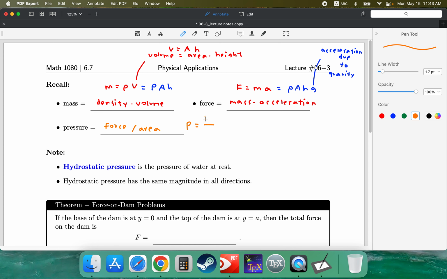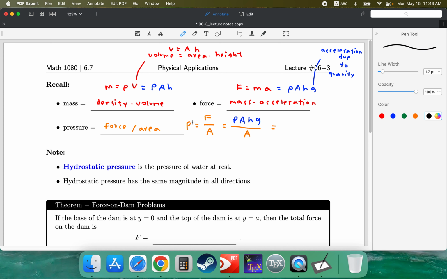Pressure equals force, F, over area, A. And notice that previously we know that the force can be written as rho times A times H times G. So I will write F as rho A H G, and then divided by the area A. So you can see that this A and this A cancel.